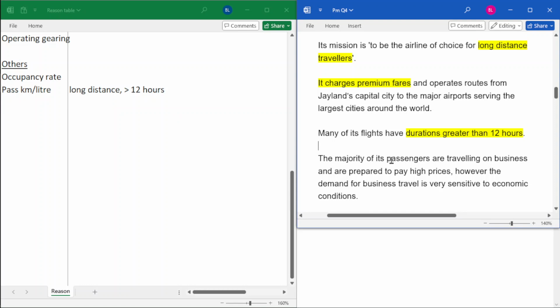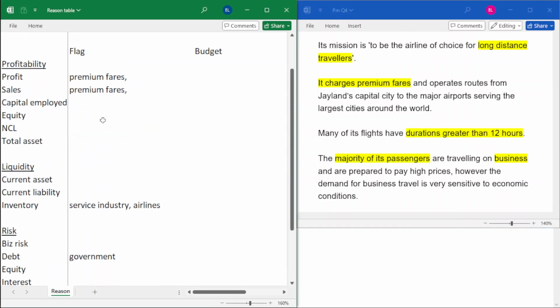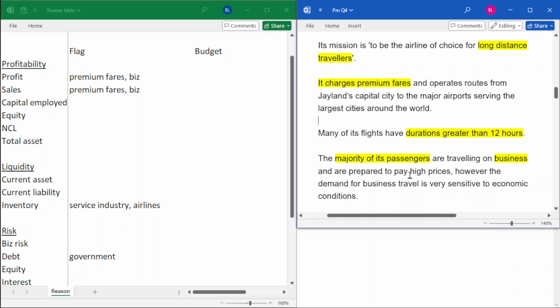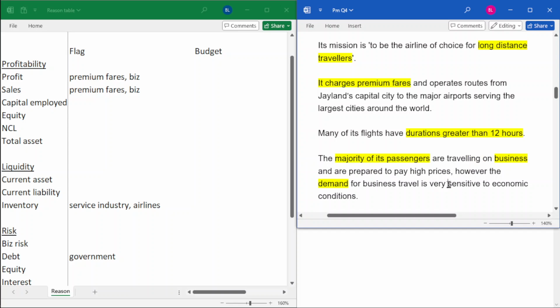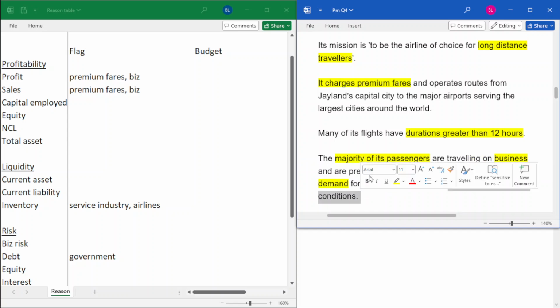So the majority of its passengers are traveling on business, which means they are rich people. So let's put inside the profit, because you can earn profit from rich people. Put sales too, and they are prepared to pay a high price. However, the demand is very sensitive to the economic condition.